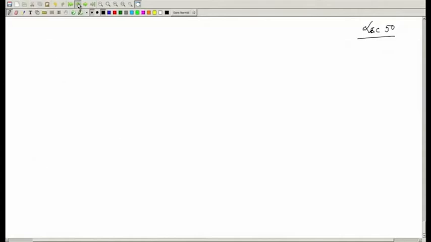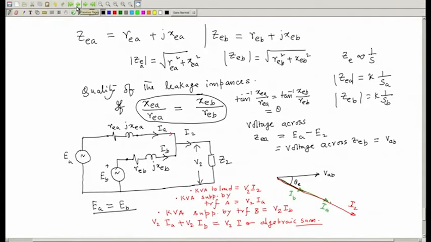Welcome to the 50th lecture on electrical machines 1, and we have been discussing parallel operation of transformers. We have seen in our last class that the leakage impedances of the transformers should be inversely proportional to the KVAs, in ohms, and it is also always better if the qualities are the same.